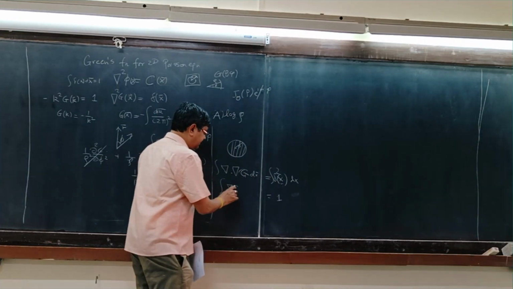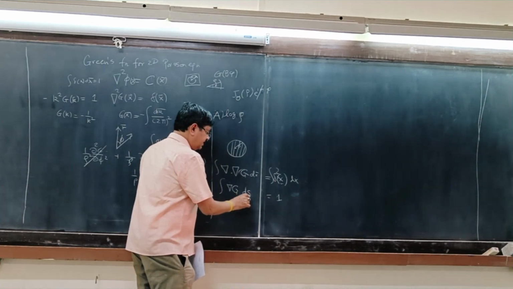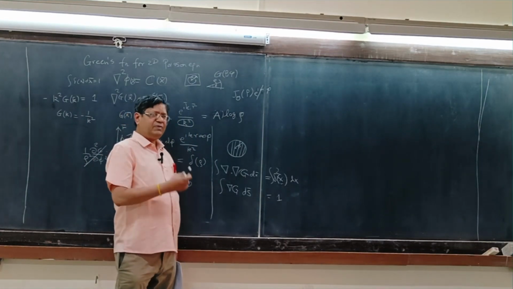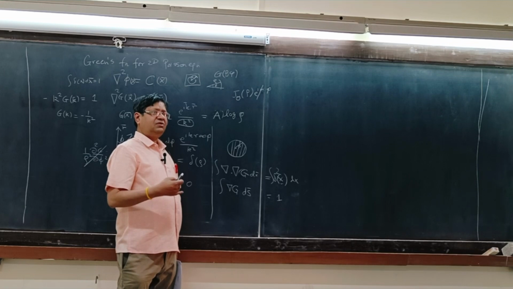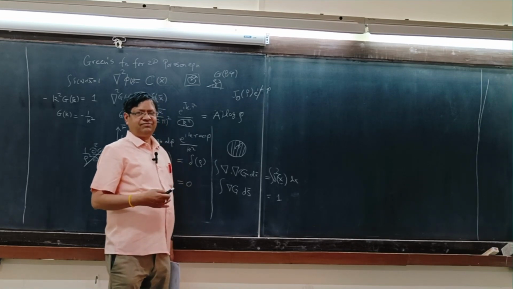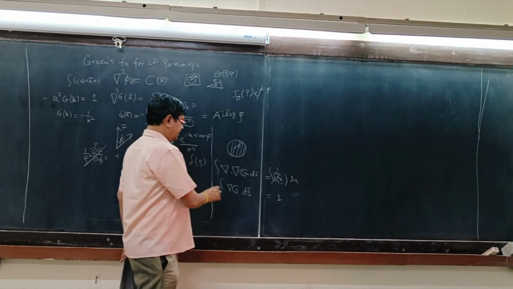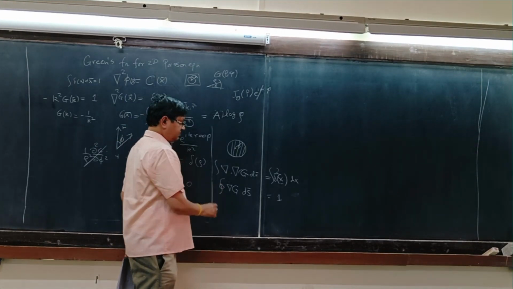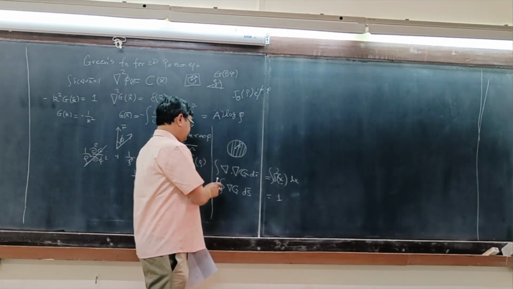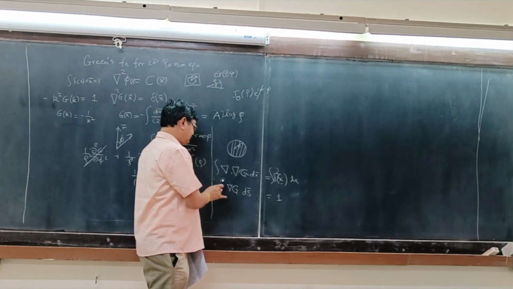So the left hand side is grad G dot ds. Gauss theorem: the volume integral of divergence equals the vector field dot ds over the whole closed area. This is the closed volume.